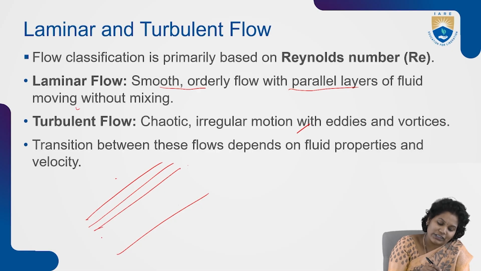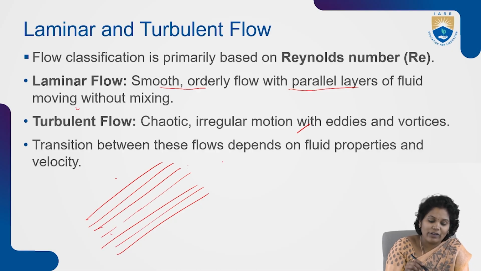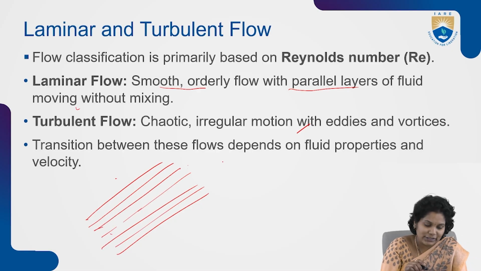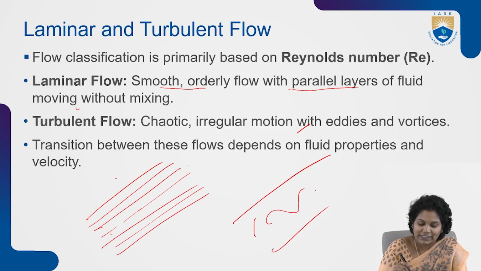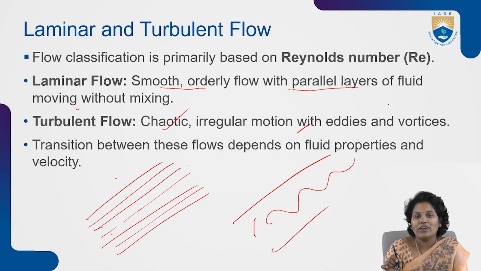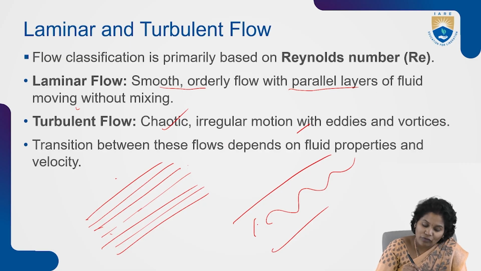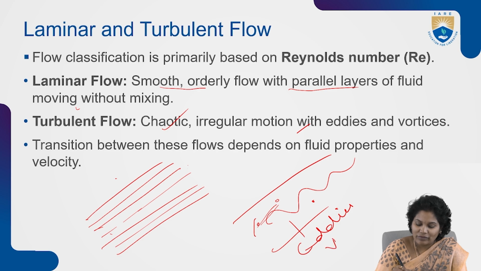It is moving in very well-defined paths. In turbulent flow, the flow is zigzag, with sudden changes and irregular motion with eddies and vortices. When the particles move from one place to another, there is a formation of eddies or vortices.